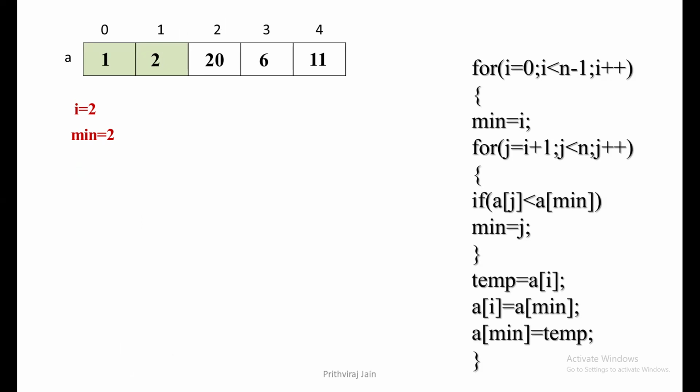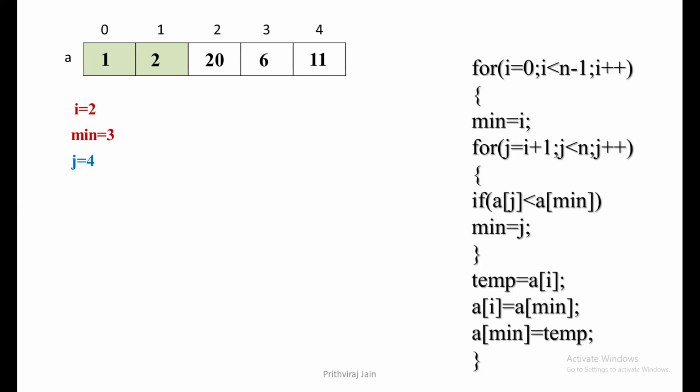Again, j equal to i plus 1, that is 3. So a of 3 is compared with a of 2. 6 is less than 20, true. So min value is changed to, sorry, this should be 3, not 6. Min value is 3 now. Okay, yeah. Min value is 3.